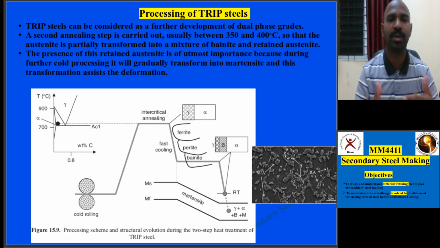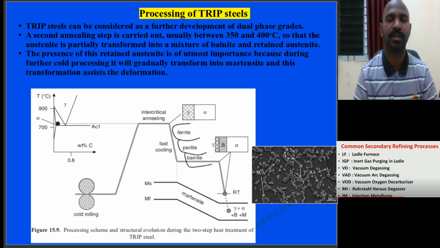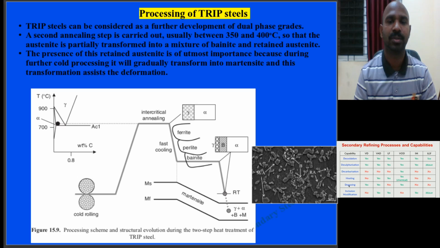This particular retained austenite is very important in further cold rolling process, further increasing the elongation, further deformation.